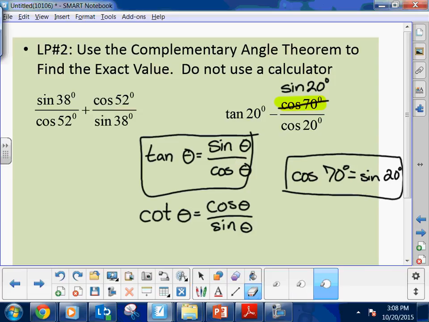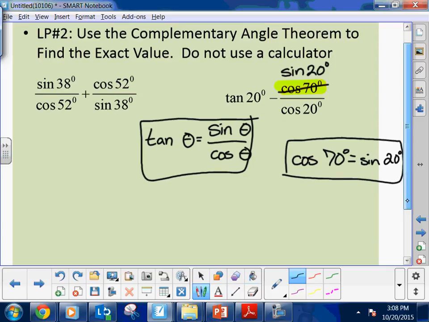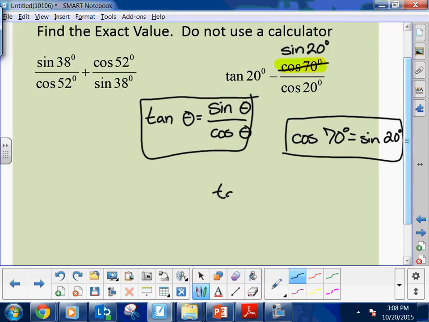The one that I did not use was that one. I have the possibility of using that one too, but I went ahead and did this. So this one was really the tangent of 20 degrees minus the tangent of 20 degrees, which means I have the net result of 0. And that's where we'll end today.